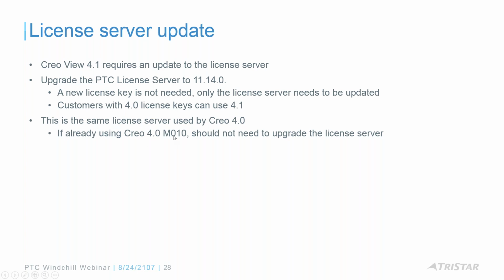But if you're not, if you're on a previous Creo 3 version, you need to update your FlexNet PTC license server to at least 11.14 because the new Creo 4 and Creo 4.1 license keys would not be compatible with the older versions of the FlexNet server. So that's something to note. If you get an error saying no such feature exists when you're running, or if you get something like the license is not compatible, it's the license server that needs to be updated if you're still running an older version of FlexNet.